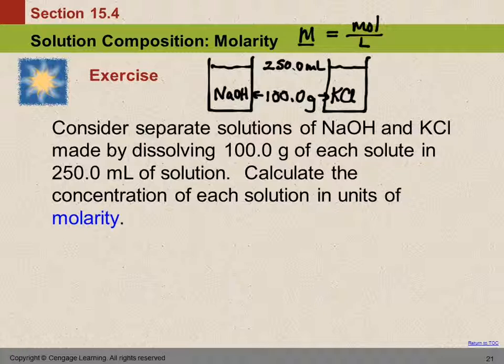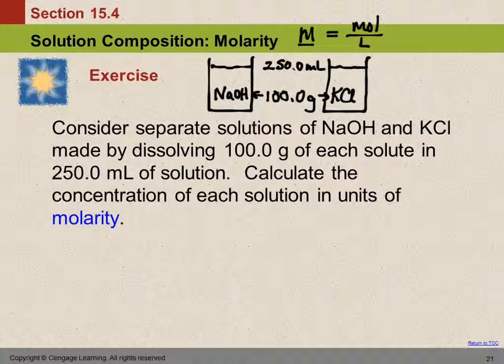So we need to find how many moles of KCl and how many liters of solution so that we can find the molarity, right? Well, the volume of solution is the same for both of them.